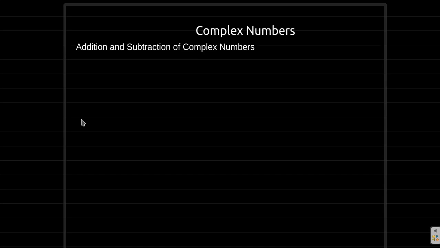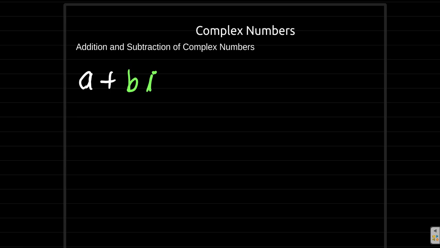Let us see how you go about adding and subtracting complex numbers. So we're looking at addition and subtraction of complex numbers. As I said before, we write a complex number in the form a plus bi.